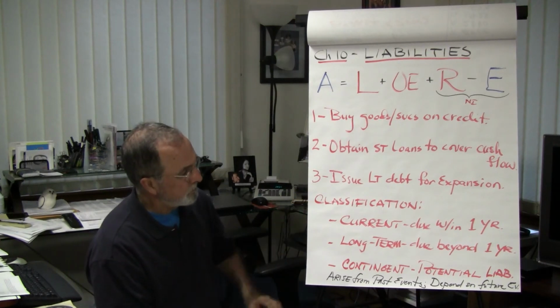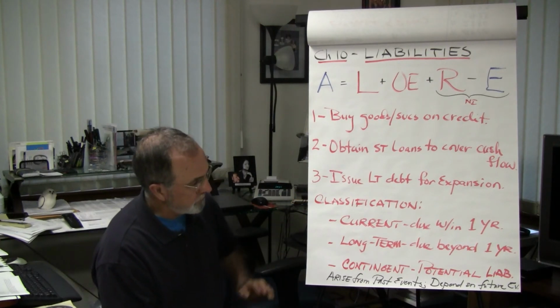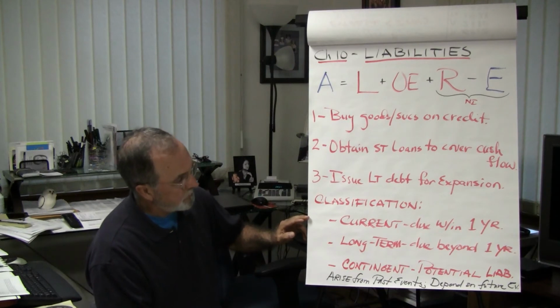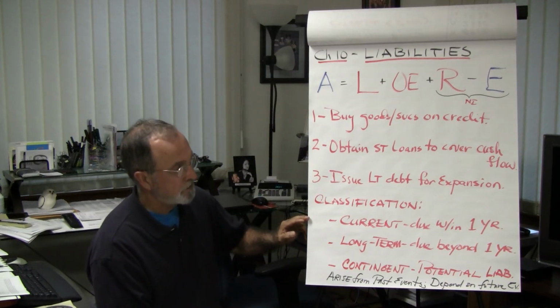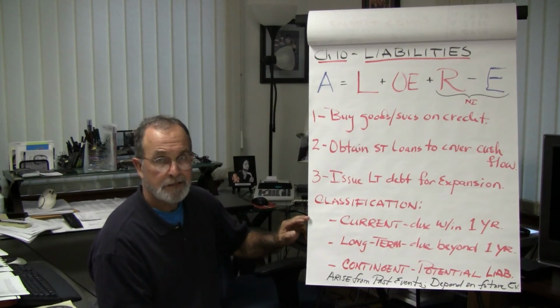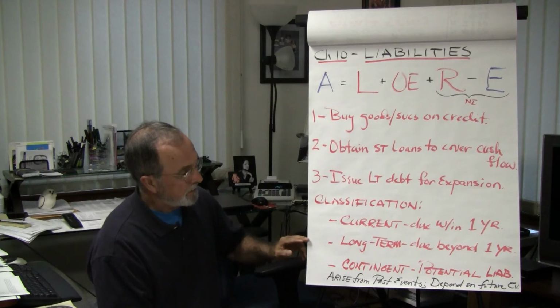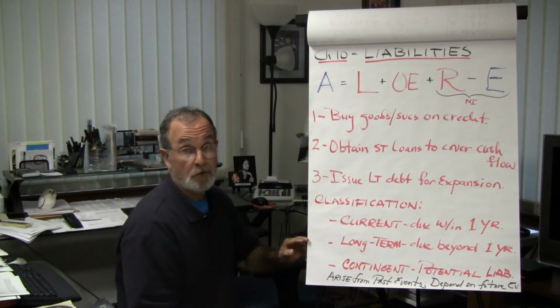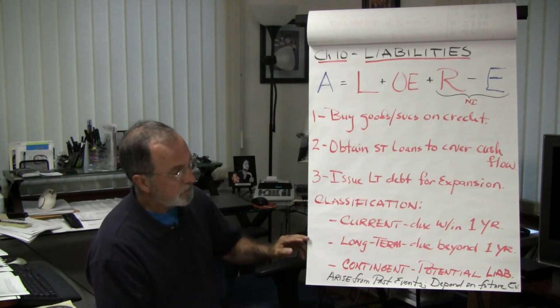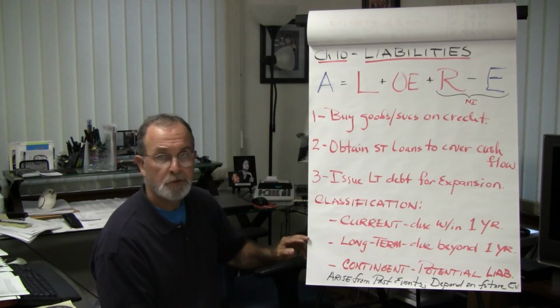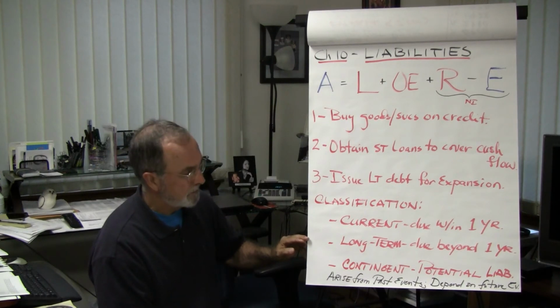Now, talking in terms of classification of liabilities, a liability may be classified as current. That is, that amount owed is due within 1 year. A liability may be classified as non-current or long-term, which means that the amount is owed in periods that exceed 1 year.